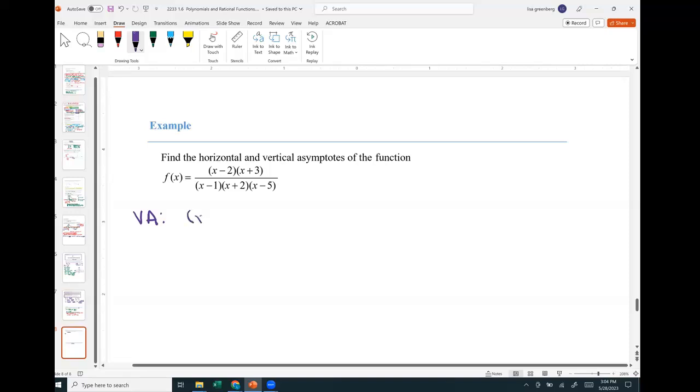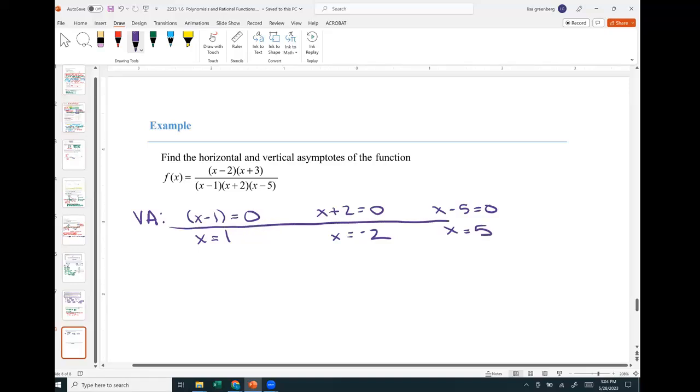We have x minus 1 equals 0, x plus 2 equals 0, and x minus 5 equals 0, which means we have vertical asymptotes at x equals 1, x equals -2, and x equals 5. These are my vertical asymptotes.